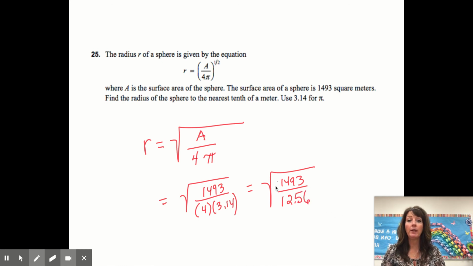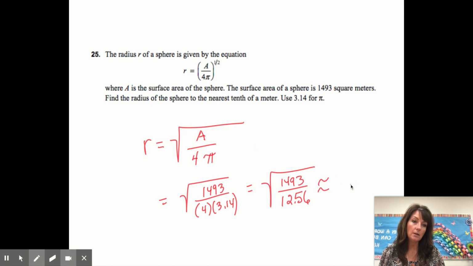At this point, because we are approximating, you can divide. If I take 1493 and divide that by 12.56, I get 118.8694268. Then I'm going to take the square root of that and round it to the tenth.